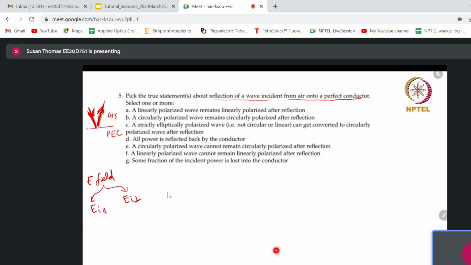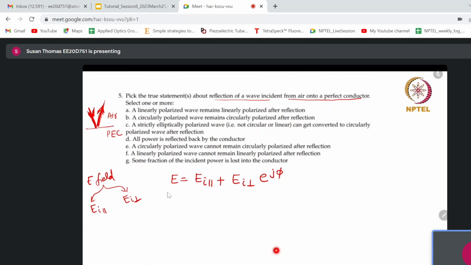So this incident electric field can be expressed as the combination of two, that is EI parallel plus EI perpendicular times e raised to j phi. So this is an arbitrary angle phi, which is the angle between the parallel component and the perpendicular component.